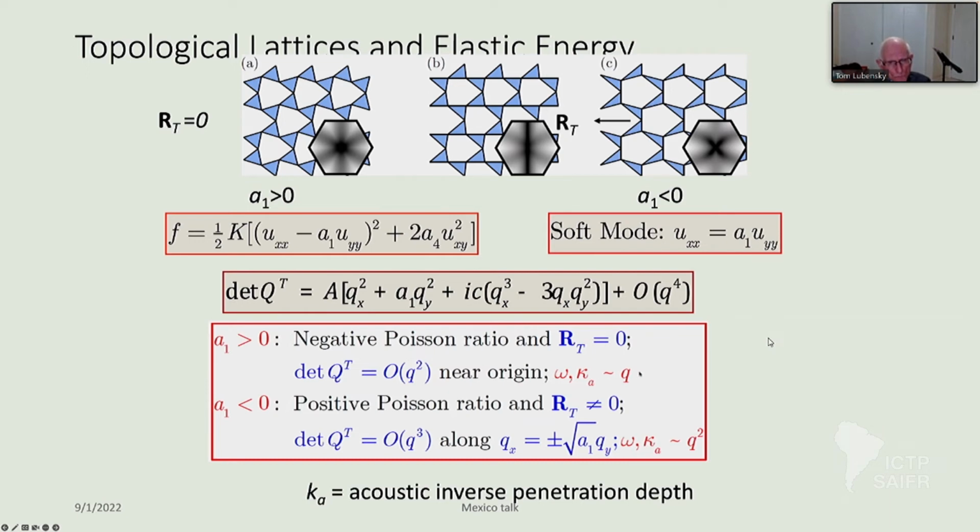But when A1 is negative, it actually turns out that it starts off as qy squared when I have the qx. So that's just another bit of complication that we have.